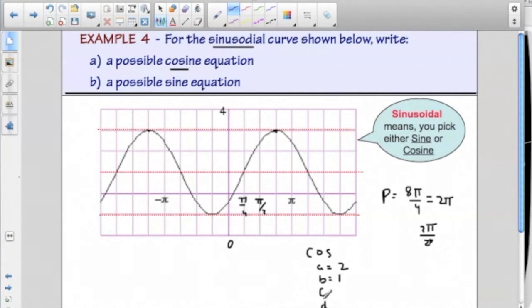All right, and our phase shift, right here's our phase shift. 1, 2, 3. So it's right 3 ticks. And remember our ticks were pi's over 4s. And our vertical displacement, our midline, is 1 up.